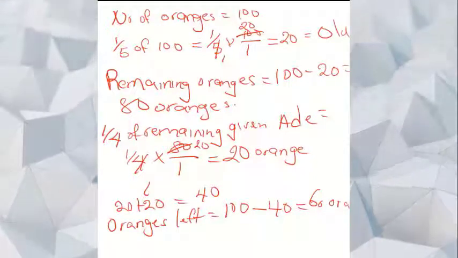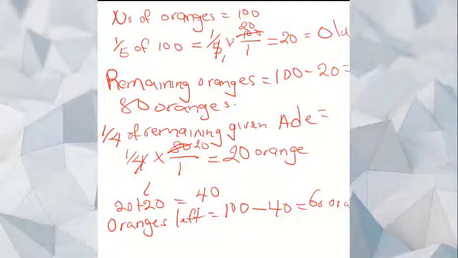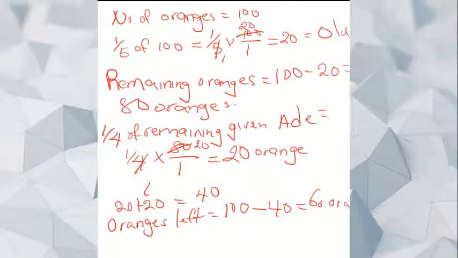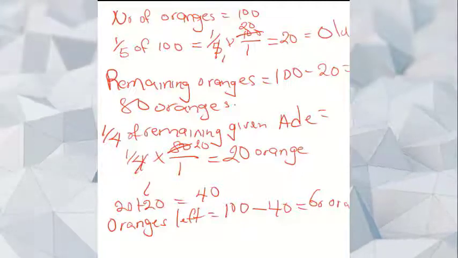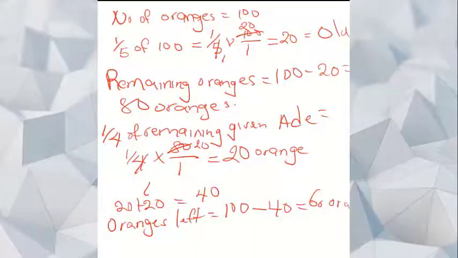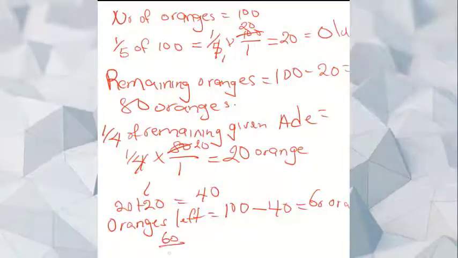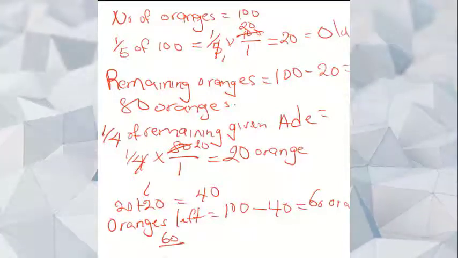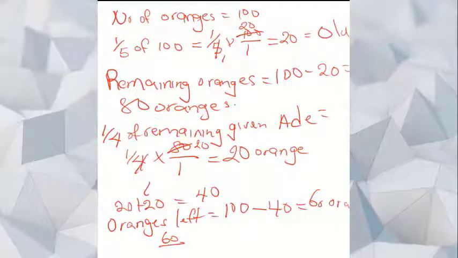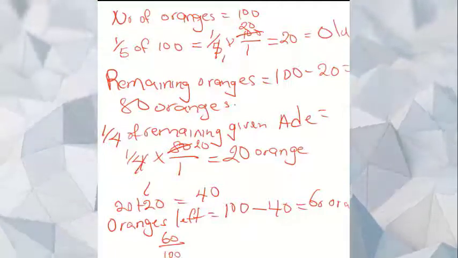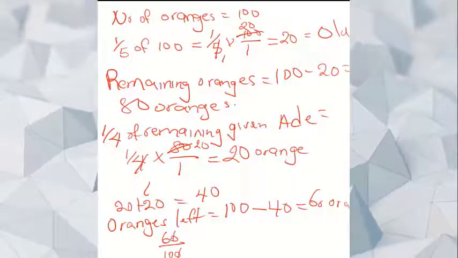Okay, so for you to get the fraction of the oranges that is left, it is 60 all over the total number of oranges, which is 100. 60 over 100. So this 0 can cancel this 0.